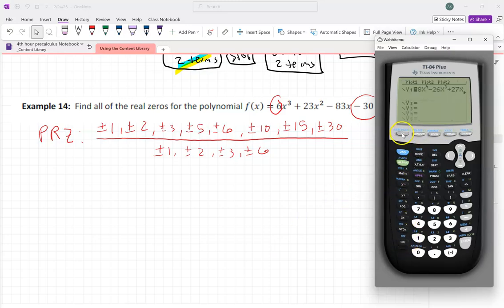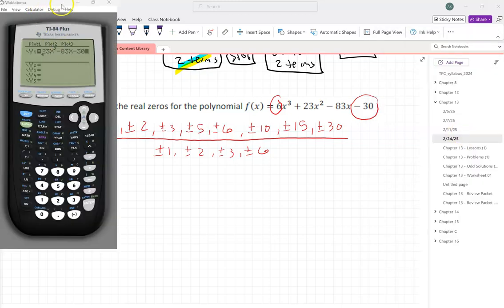So let's start by just graphing this and looking at the picture and seeing if that can inform a choice of starting points. So I just type this into my calculator and I'm just going to hit graph. Oops.